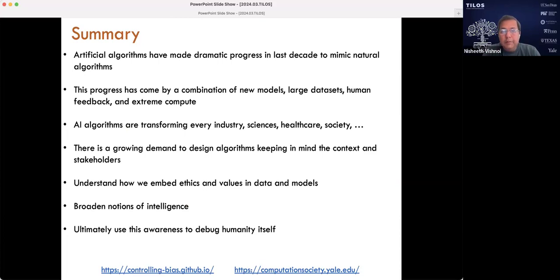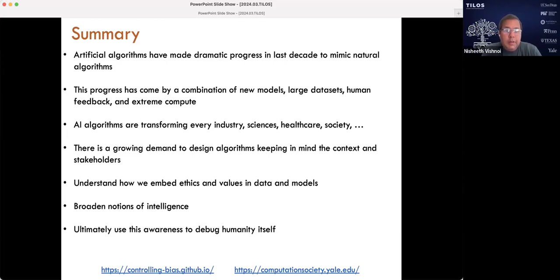There are lots of positives that everybody knows about, but there are also negatives. And the negatives are leading to calls for designing or redesigning these algorithms to keep in mind the context. These algorithms should be more aware of where they are going to be applied, who the stakeholders are, who they will harm, and so on.